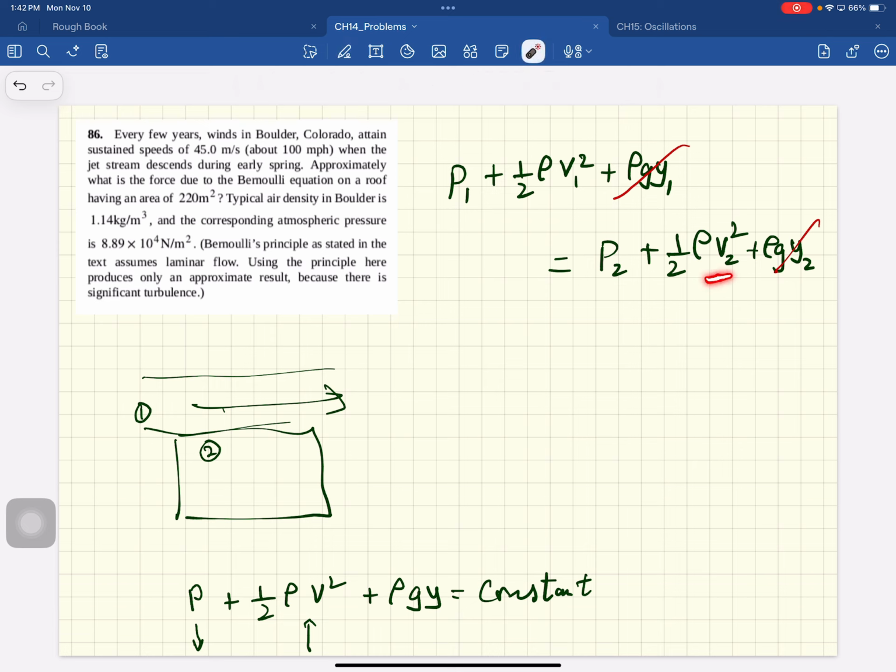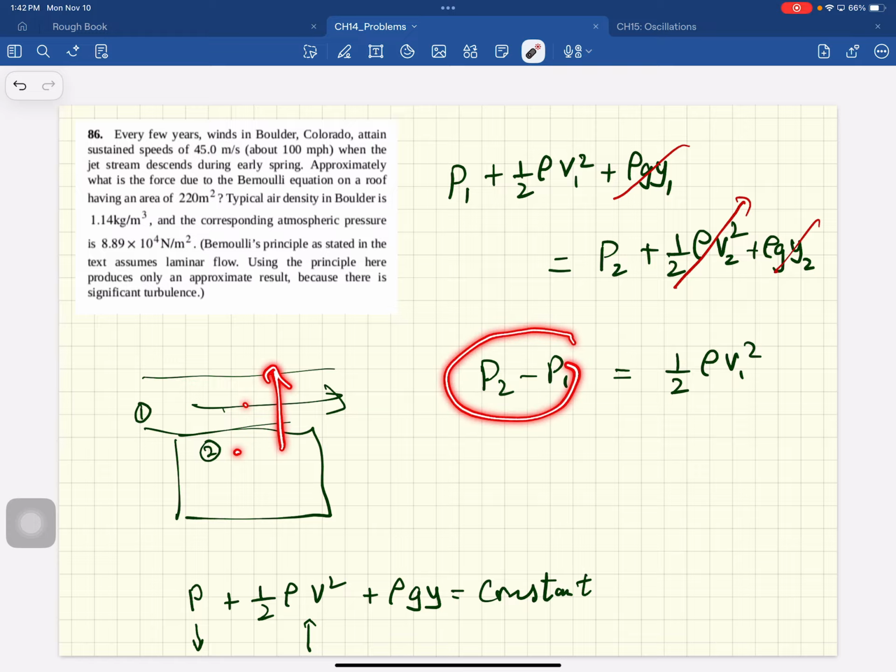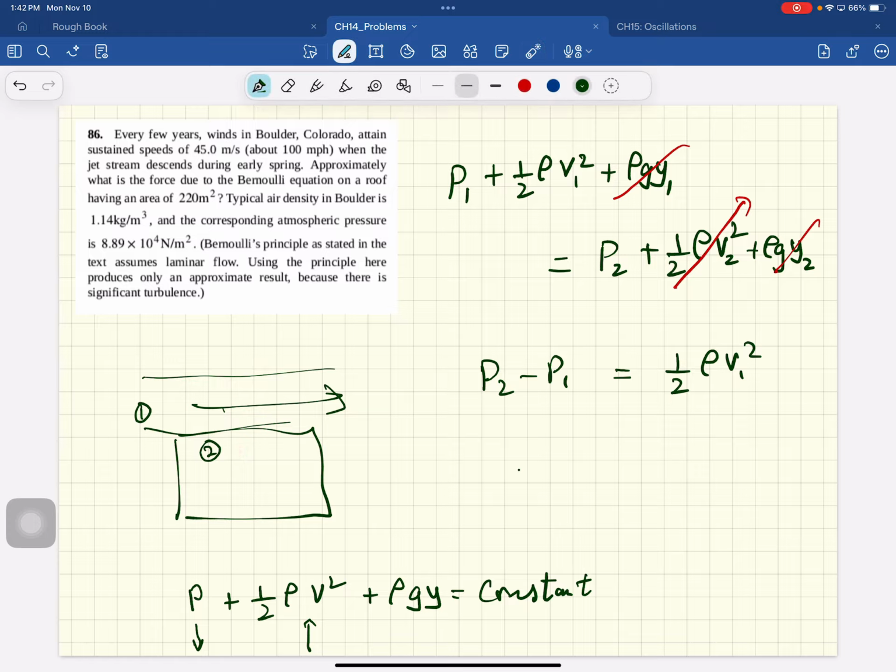The air inside is at rest, so this term is 0. So P2 minus P1 is equal to 1/2 rho V1 squared, and the net upward force is P2 minus P1 times the area of the roof.